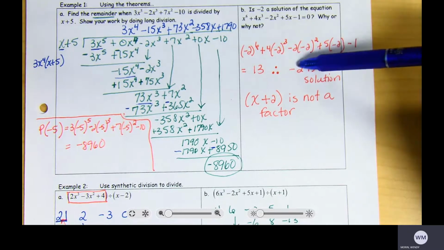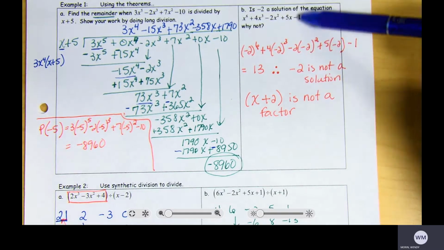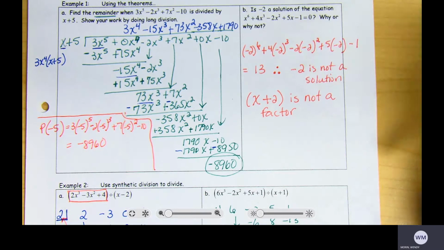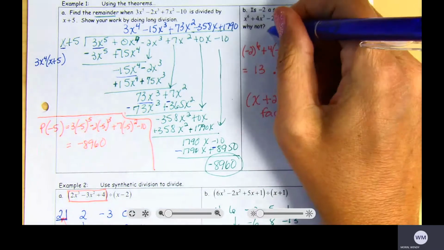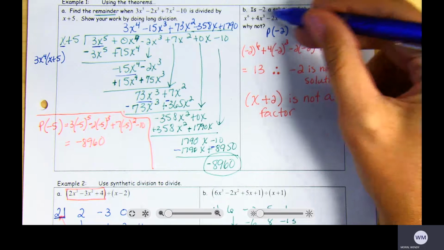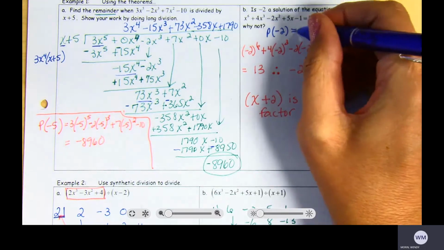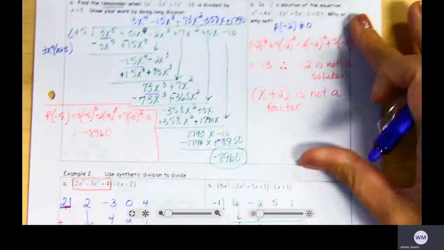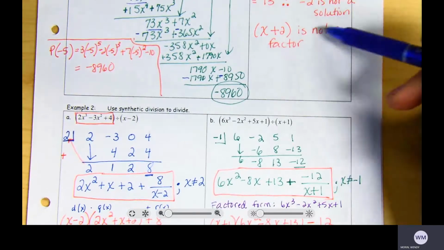Okay, if -2 is not a solution, it does not give you a remainder or a y value of 0. Your p of -2, that means plugging -2 into the polynomial, does not equal 0. Therefore, x plus 2 is not a factor.